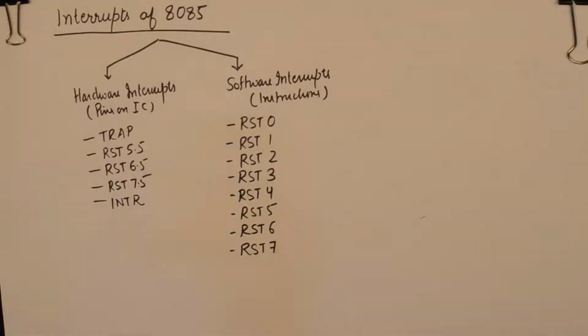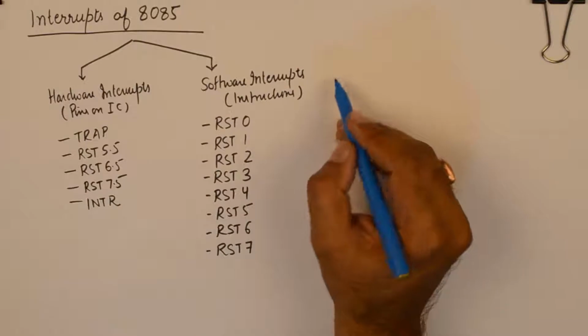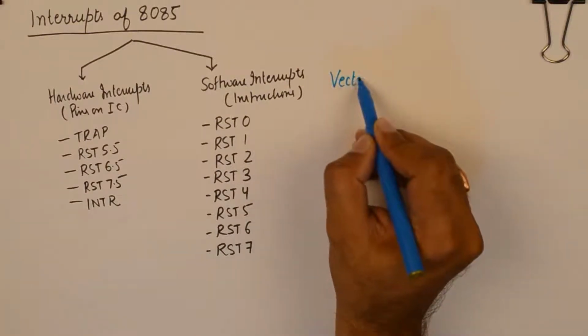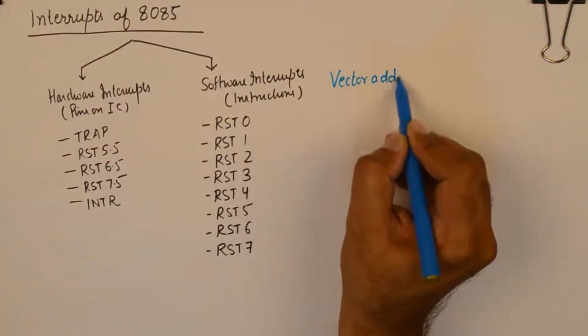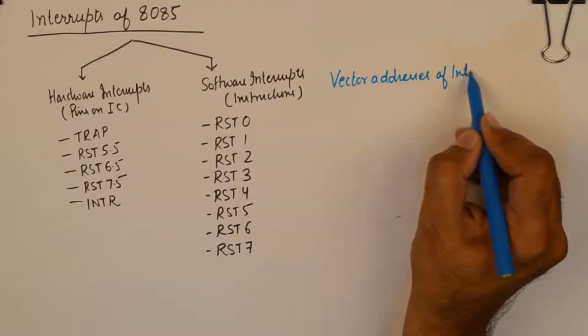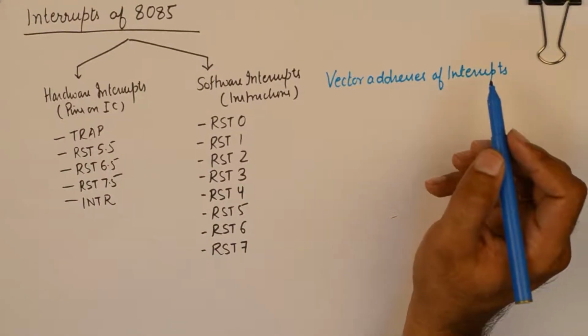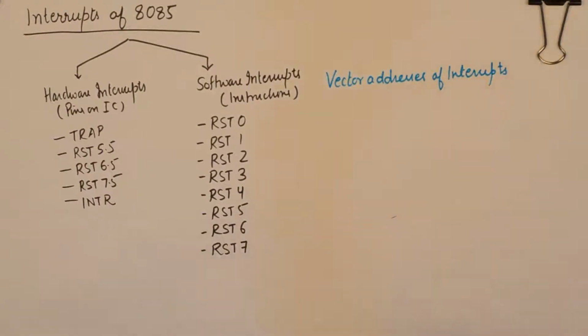So the most important concept while we study interrupts is the vector addresses of the interrupts. Whenever an interrupt occurs, that interrupt takes the microprocessor to a specific location in the memory.